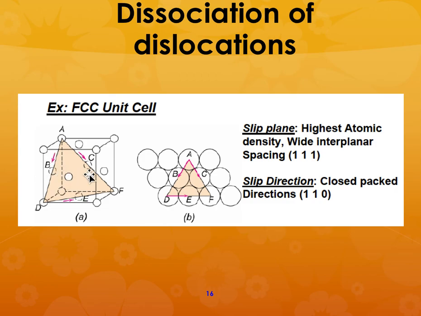Again, the slip direction is in this, that is also the closest packed direction. So for the FCC unit cell, the plane is 111. This is the plane with the highest atomic density, and the slip direction is 110.